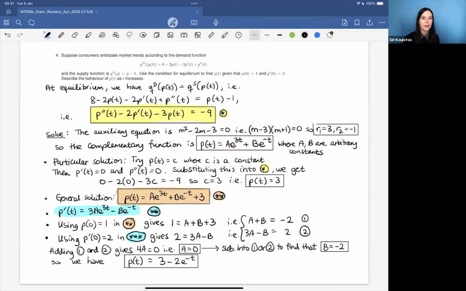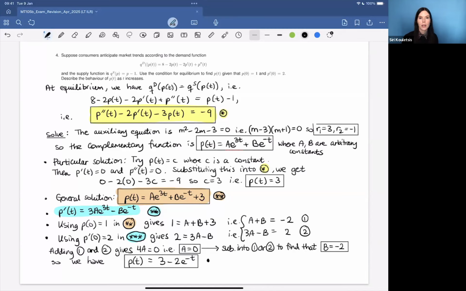And now we want to describe the behavior of p of t as t increases. So let me just have a look at it for a moment. Remember that e to the minus t is the same as 1 over e to the t. So this p of t here can be written as 3 minus 2 over e to the t.